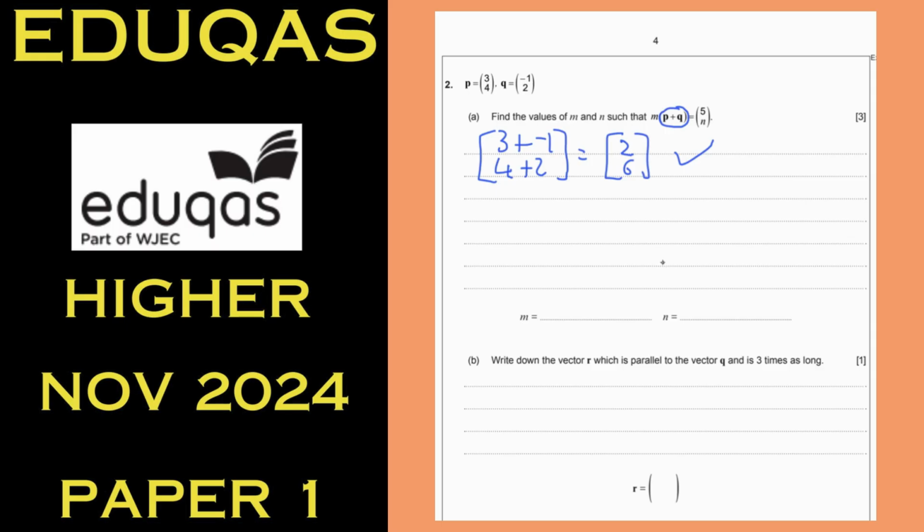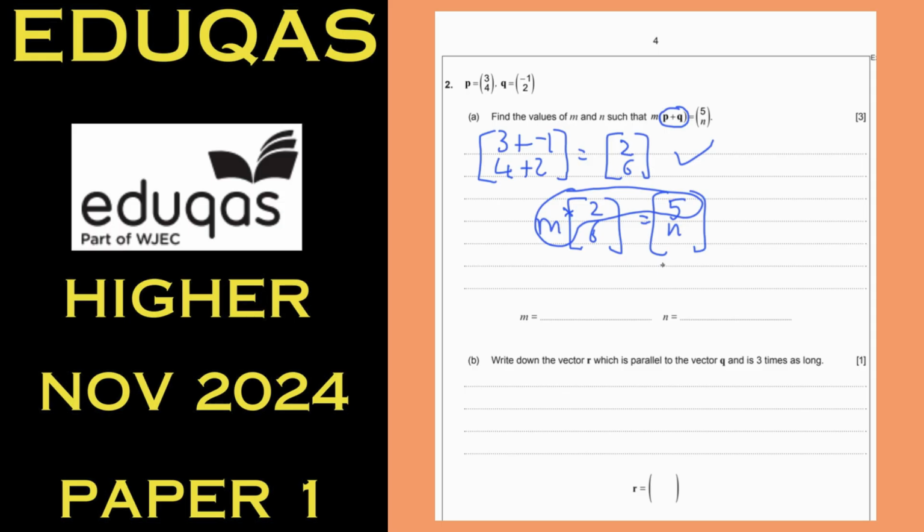Then let's see where we are. We have m lots of (2, 6) equals (5, n). Which means if we look along the top, the top elements mean m times 2 must equal 5.